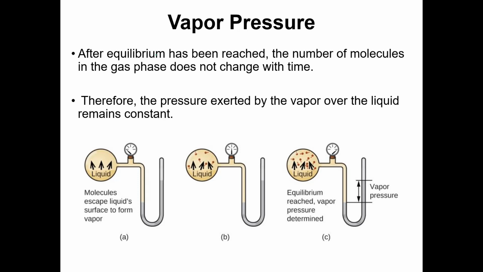So essentially the concentration of liquid and the concentration of vapor does not change over time, because we're going from liquid to vapor at the same speed that we're going from vapor to liquid.